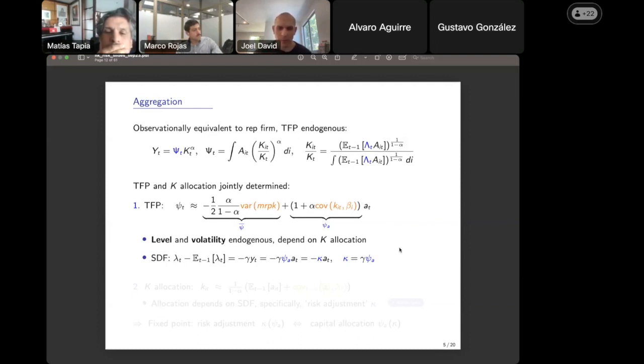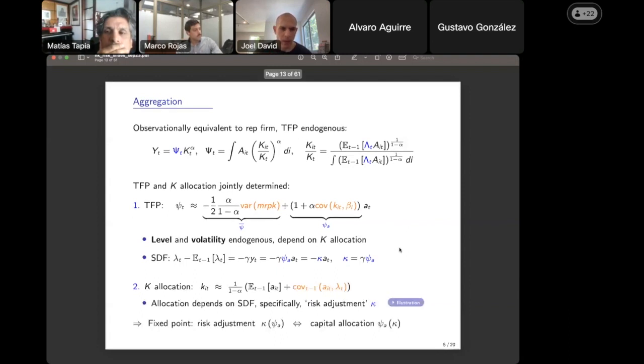Good. So that's TFP. Now moving to the microallocation, I can get a nice expression for firm level capital choice, again in logs. Firm capital depends on its expected productivity. That always shows up in this kind of model, but here we also have the risk premium showing up. I express it as the covariance of firm productivity with the discount factor, and we can hopefully see that the allocation is going to depend on the discount factor and specifically the risk adjustment kappa.